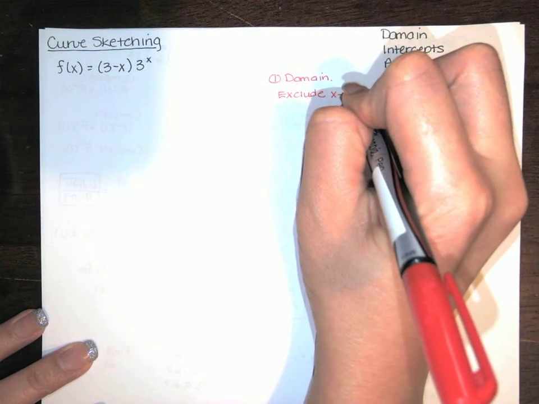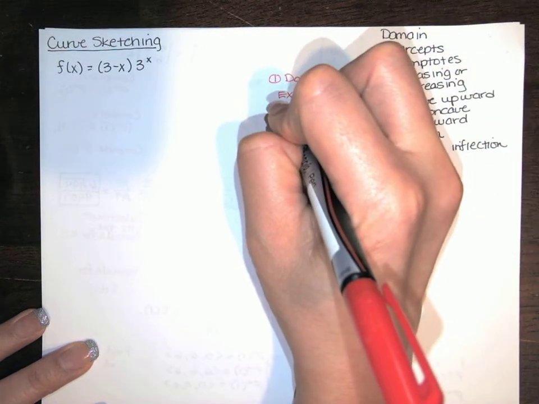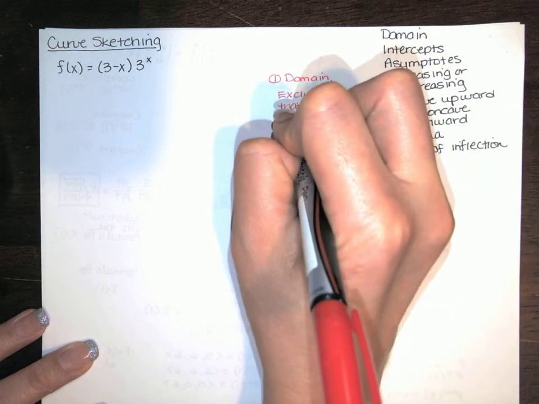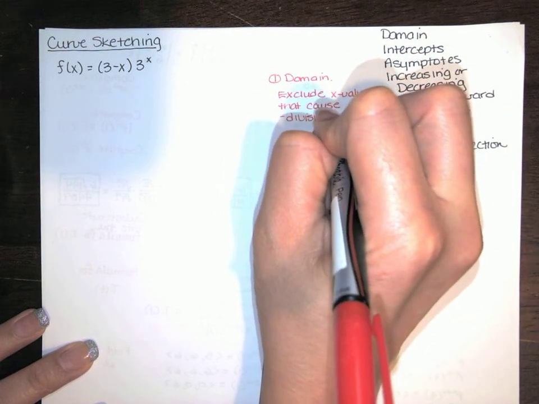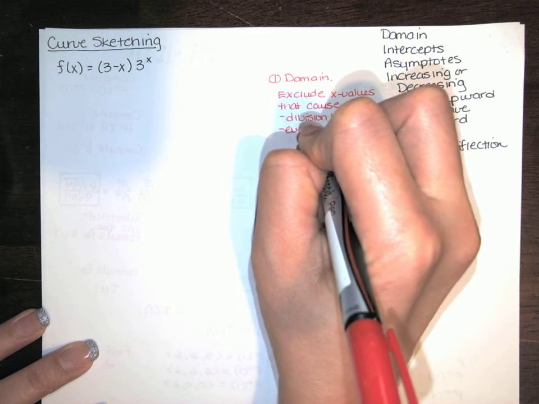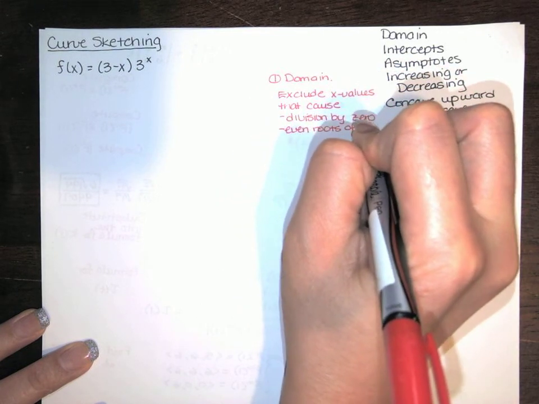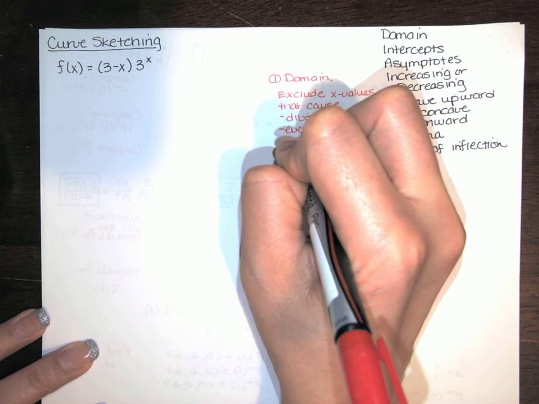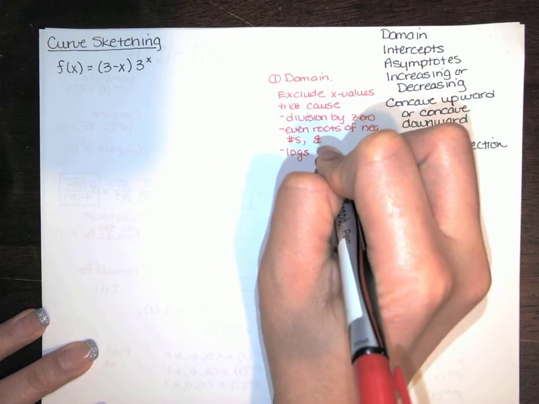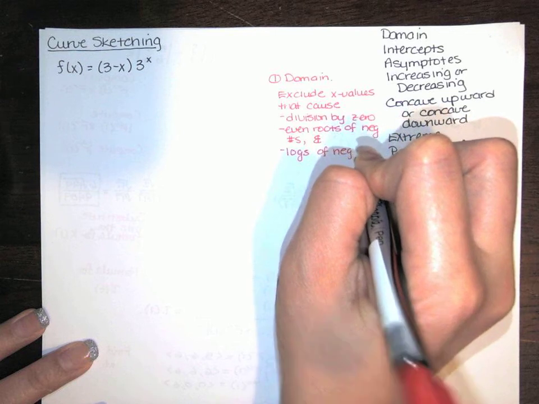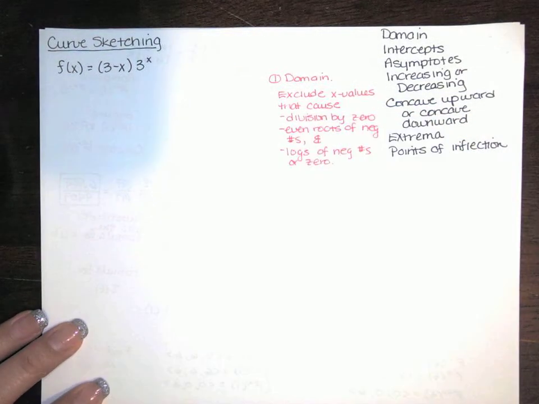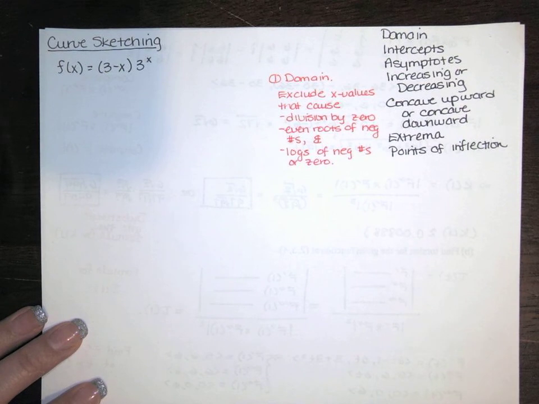You want to exclude x values that cause division by 0, even roots of negative numbers, and logarithms of negative numbers or 0. And if we don't have any of those problems, then the domain is all real numbers.